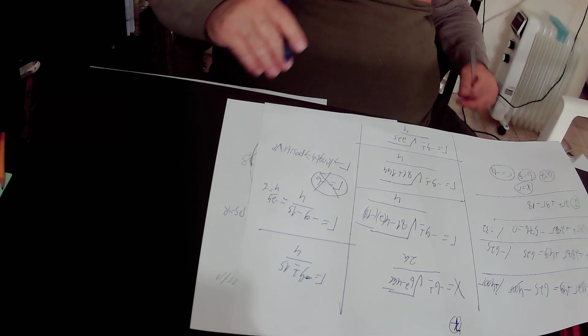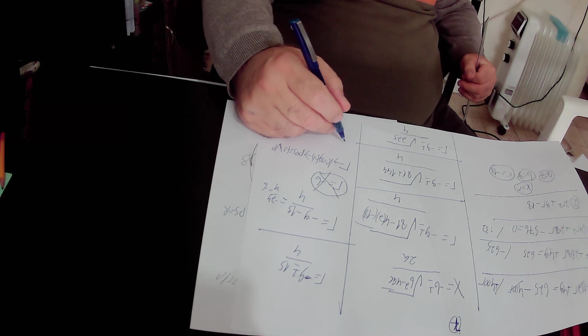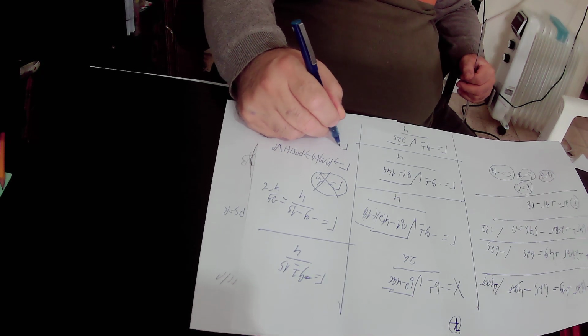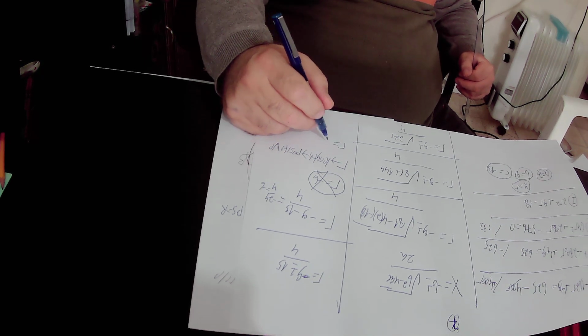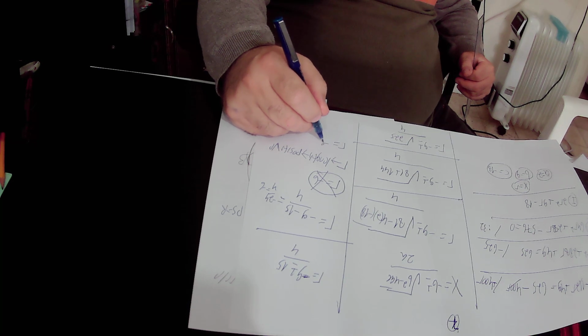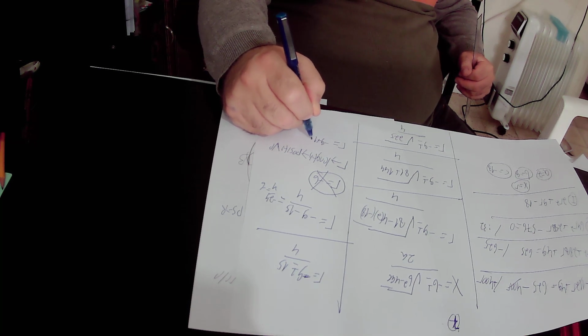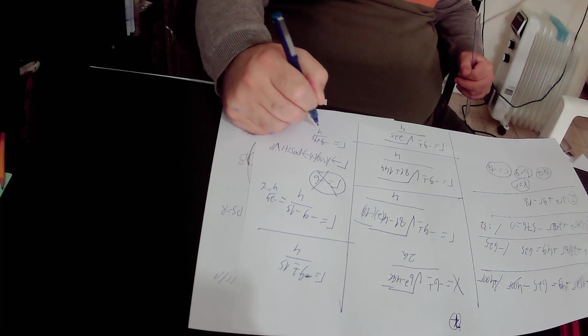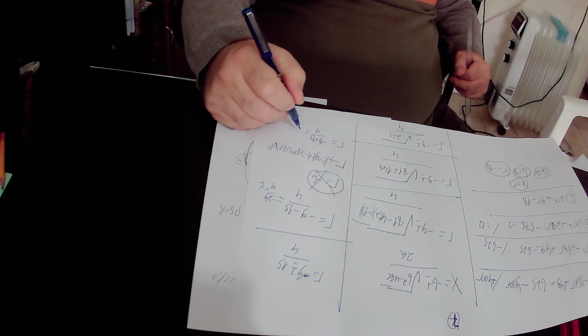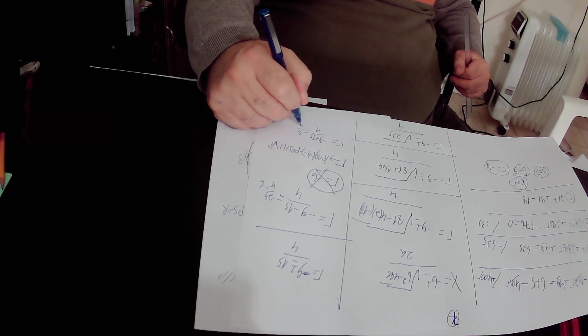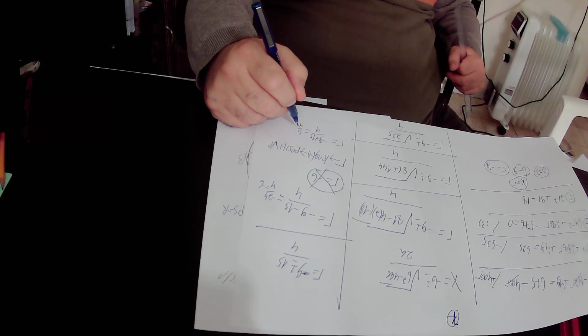And we are left only with the second solution, that is actually r equals minus 9 plus 15 over 4. Minus 9 plus 15 is 6, and 6 over 4, so r equals 6 over 4.